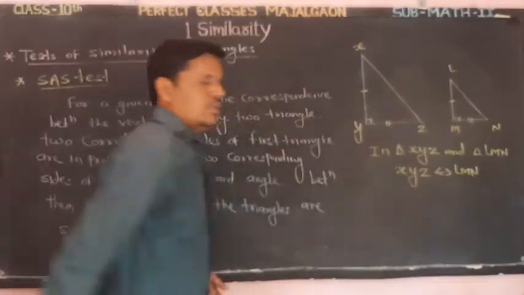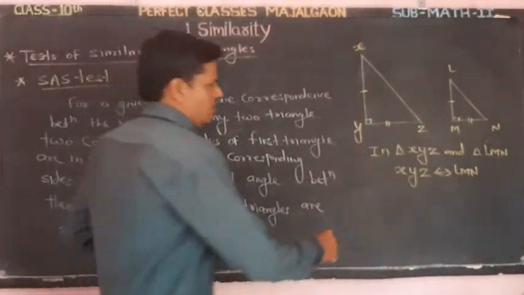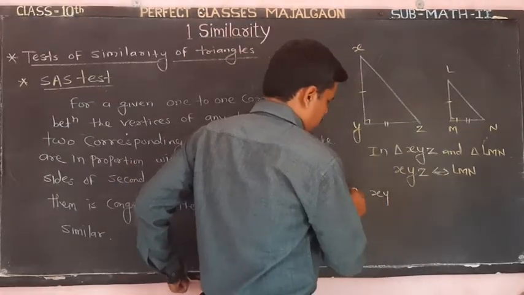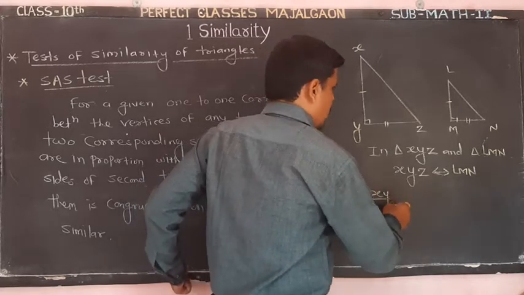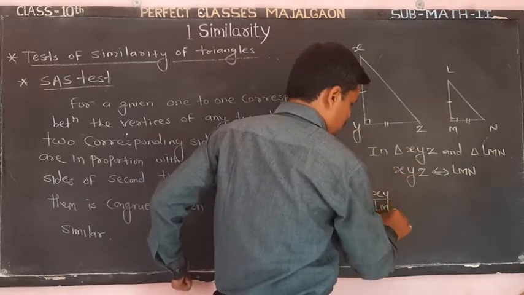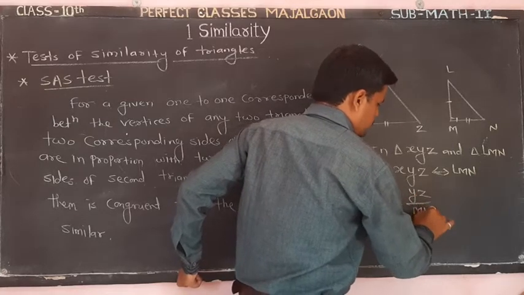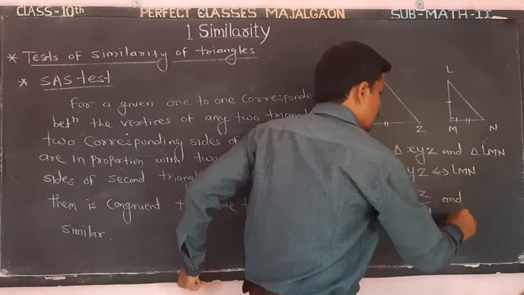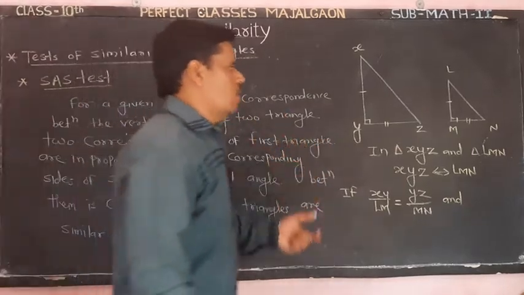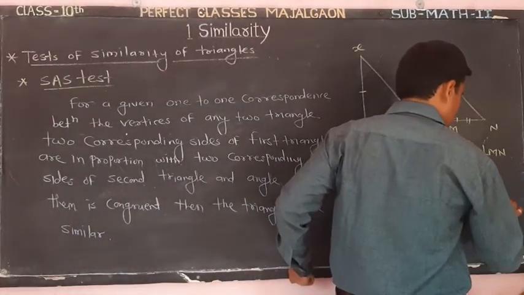This is the one-to-one correspondence. If XY upon LM is equal to YZ upon MN, and angle Y is congruent to angle M.